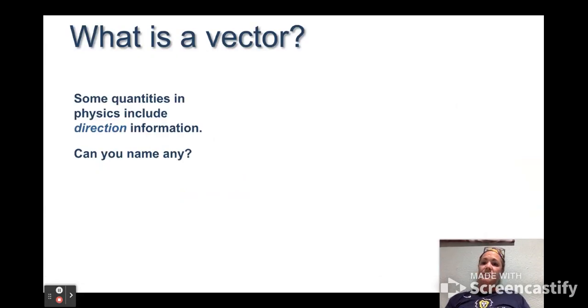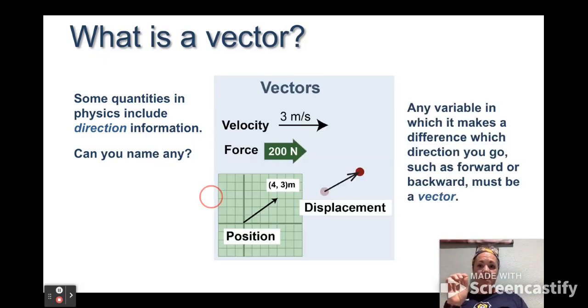So what is a vector? A vector is some quantity, some length or distance, or you're going to travel this far, but there's a direction attached to it. So some quantities in physics will include directional information. Like you can see, if we're starting at the origin and moving in a particular direction, the little arrow there gives us velocity.